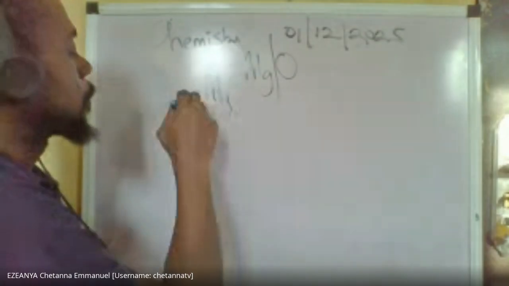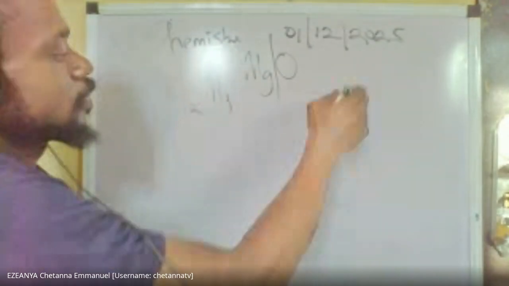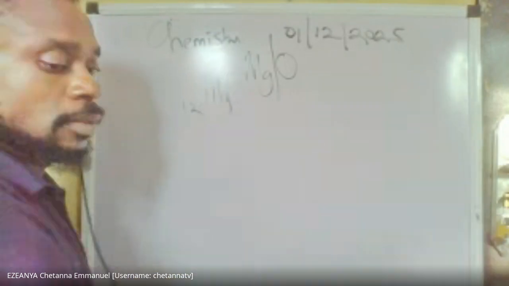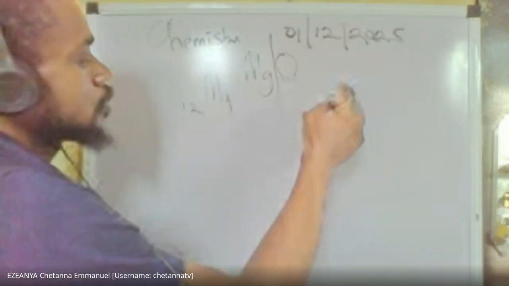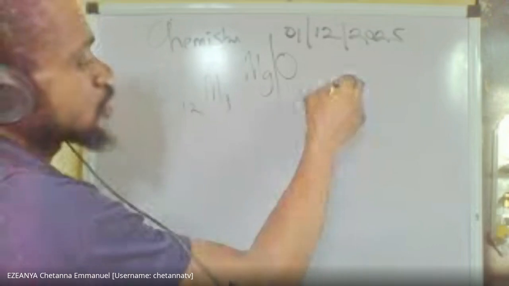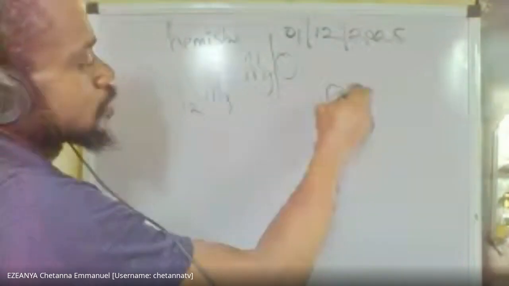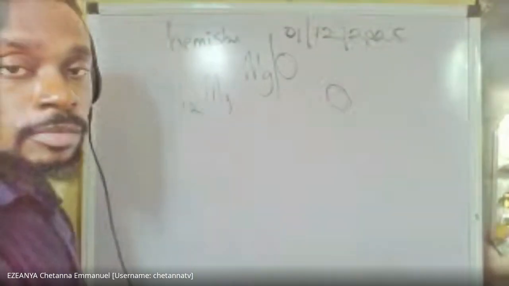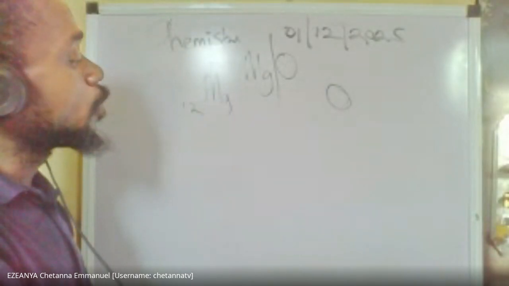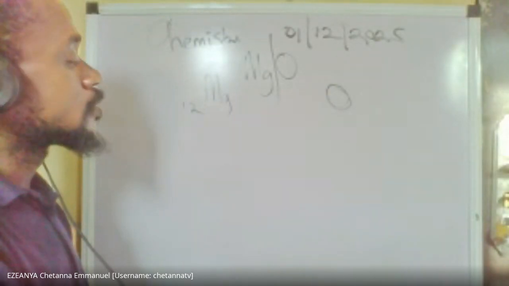That of oxygen, what is the atomic number of oxygen? That is 8.